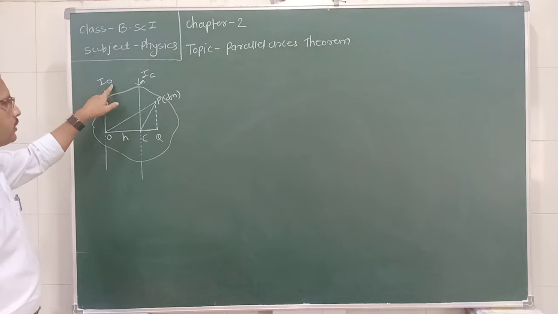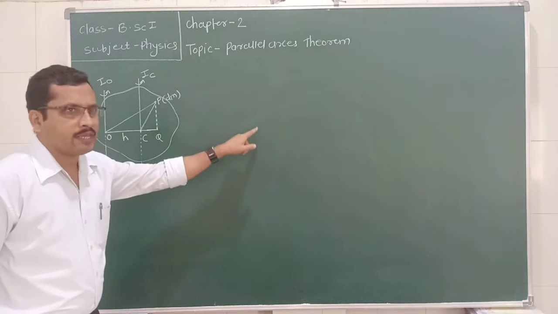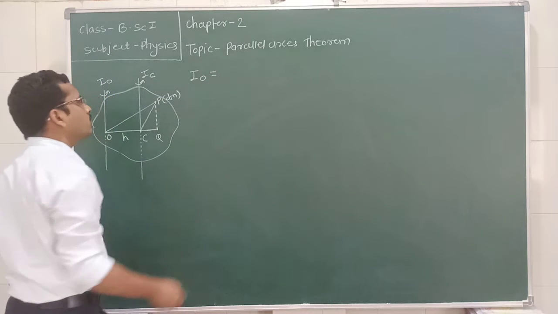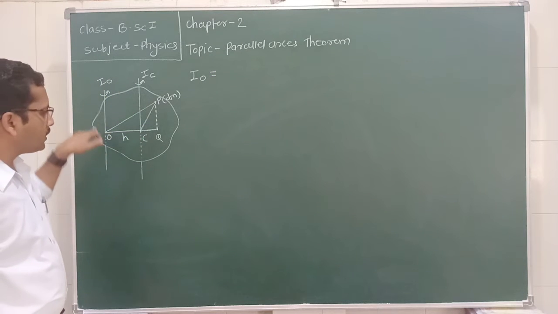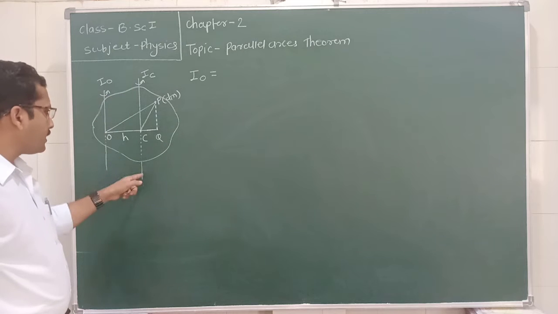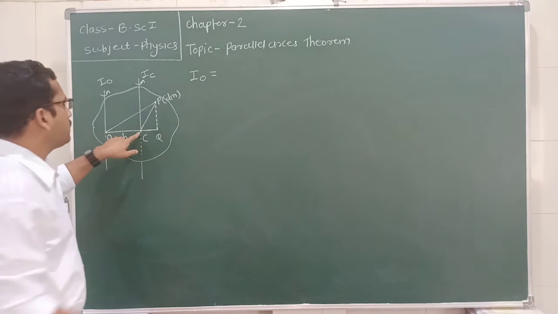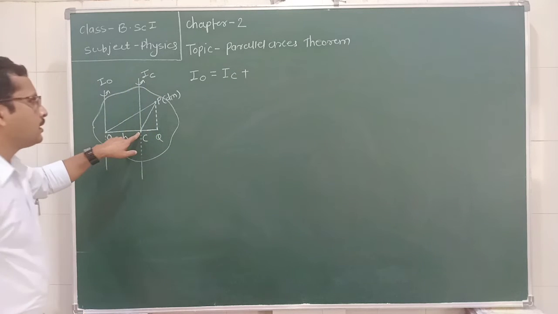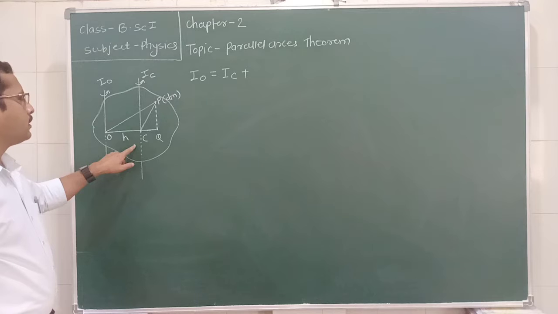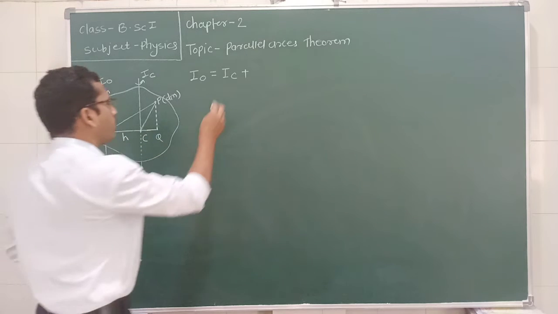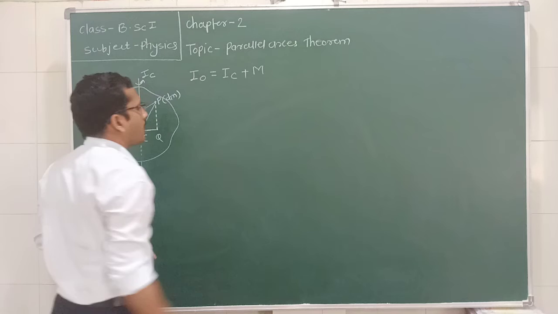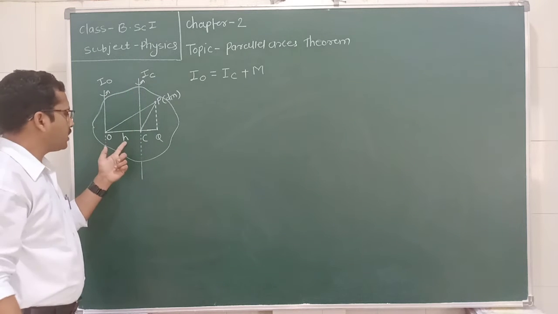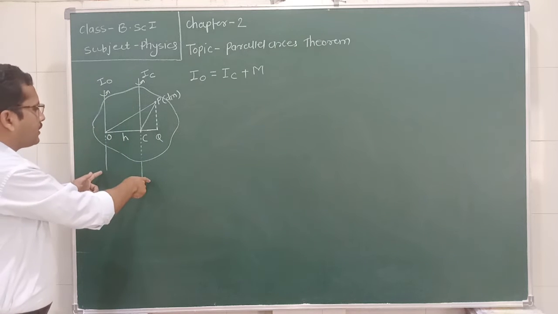It is equal to I0, which, according to the parallel axis theorem, is equal to the moment of inertia of the same body about an axis passing through the center of mass, which is IC, plus the product of the mass of the body, if the body has mass m, and the square of the distance between the two parallel axes, which is h.